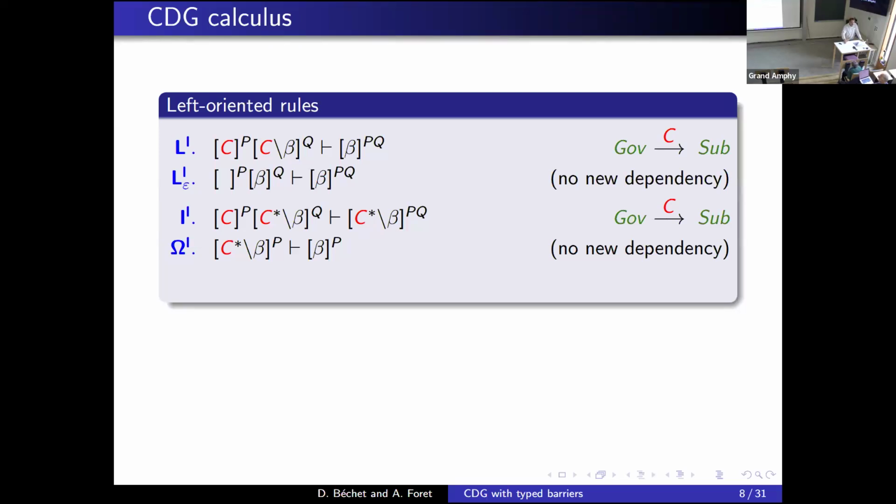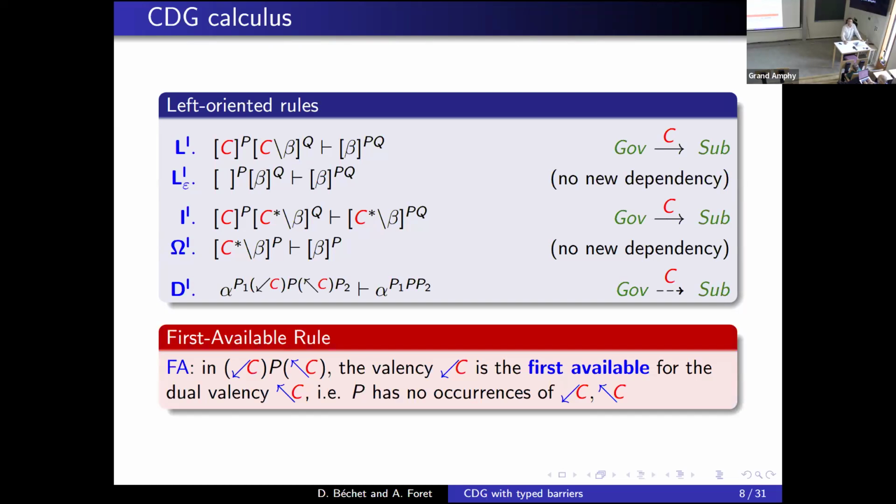So when we have a C star in the governor, it's possible to link this C star with 0, 1, or several arguments or subordinates using the two rules that we have here. And finally, we have a rule for the non-projective dependency that corresponds to polarized valencies.